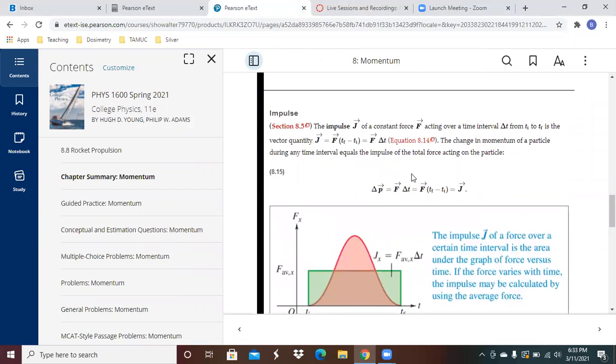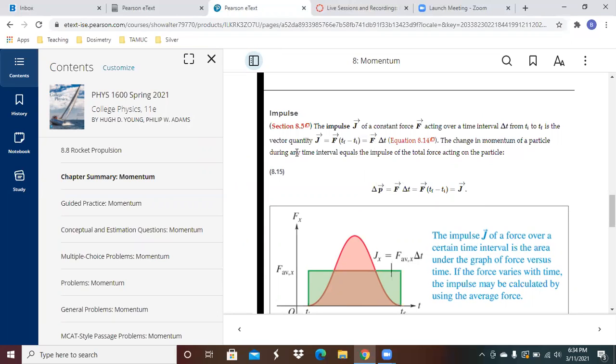Okay, impulse. This is a concept that a lot of people may not necessarily know a lot about. And it's going to be represented with the letter J. So the impulse, J, of a constant force acting over a time interval is the vector quantity J equal to F times the time separation, or F times delta T. So the change in momentum is another way of describing the impulse.